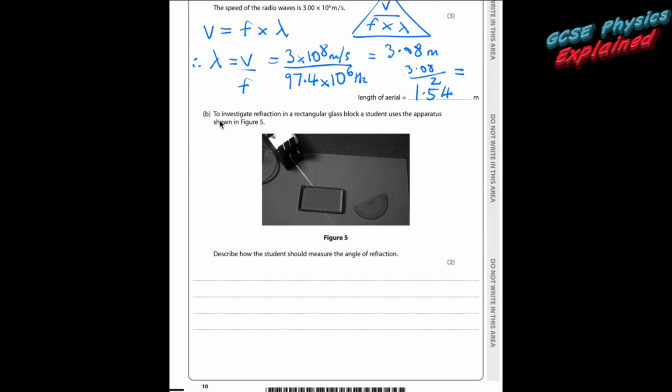Part B. To investigate refraction in a rectangular glass block, a student uses the apparatus shown in figure 5. Describe how the student should measure the angle of refraction.